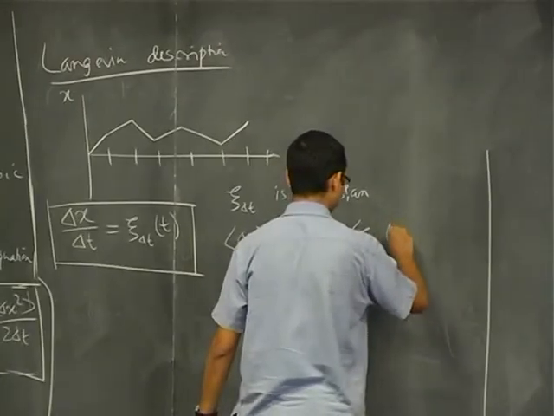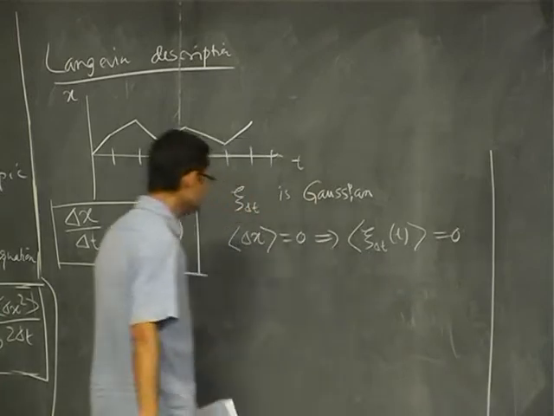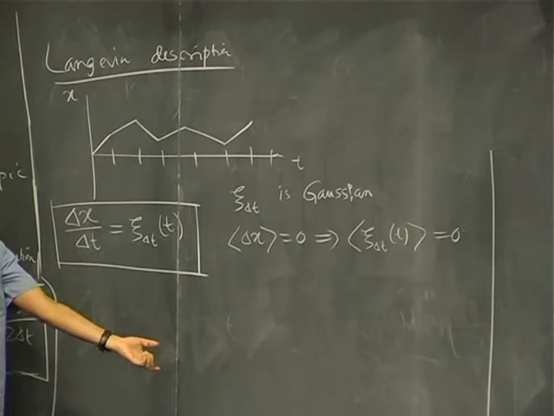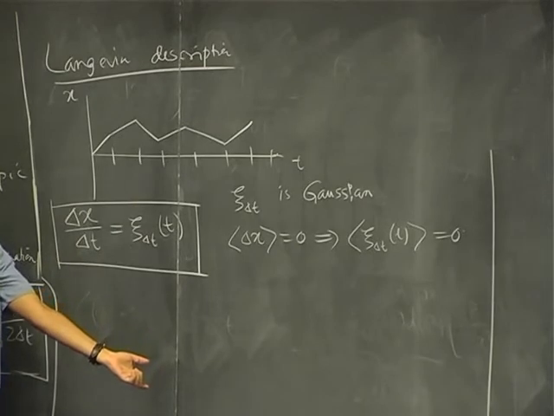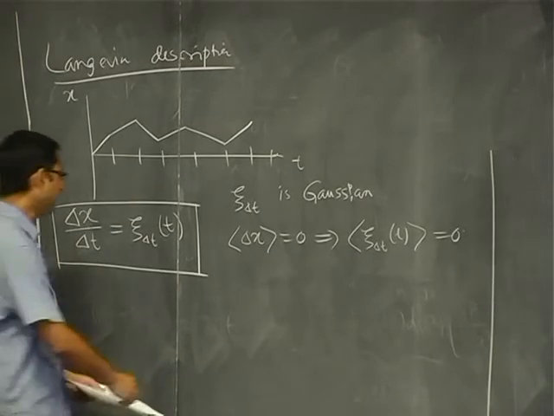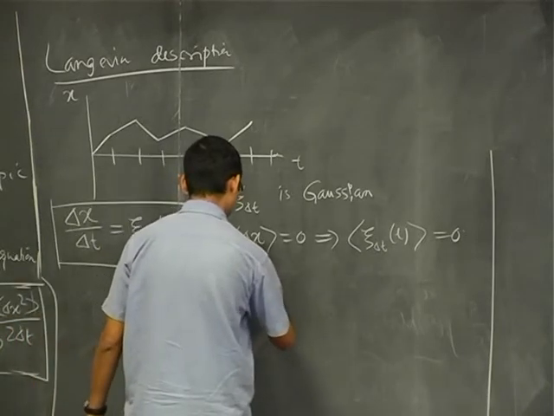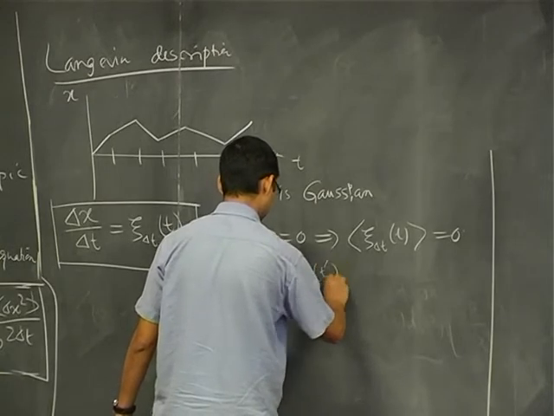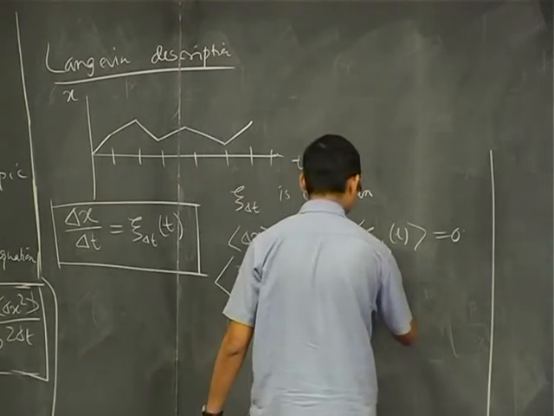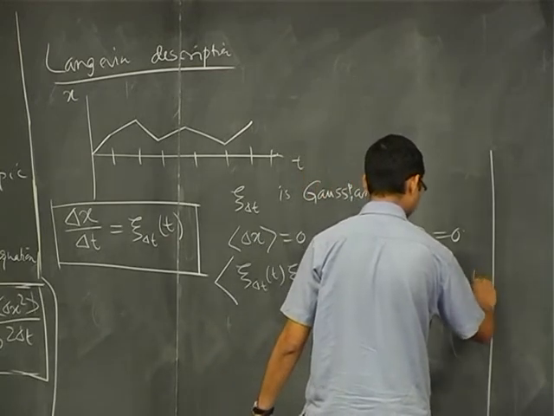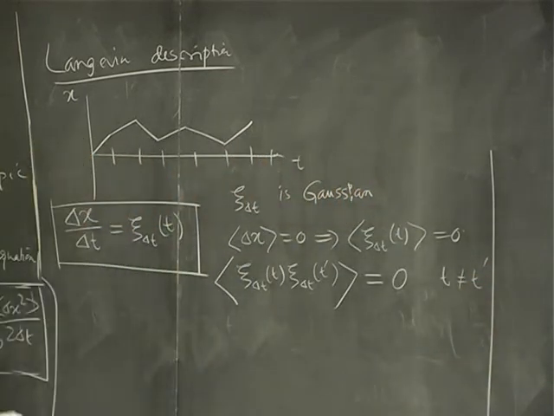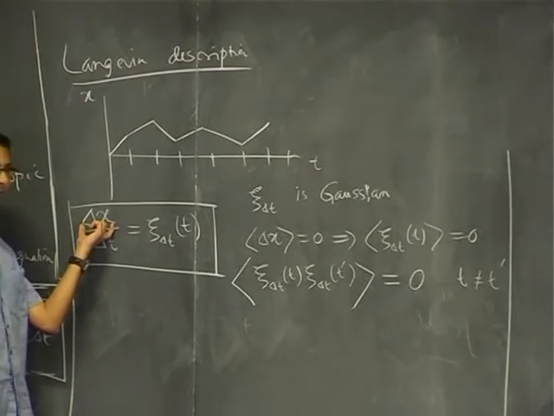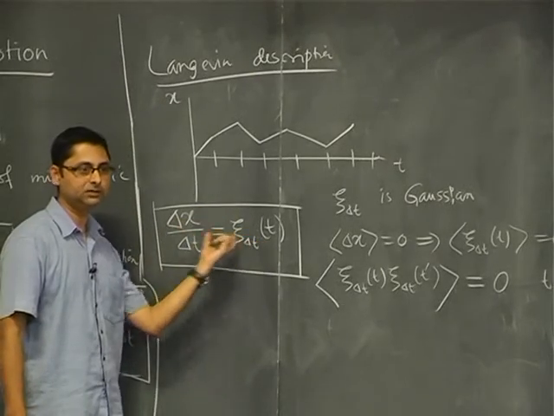Delta x at one time and delta x at another time are independent, so this correlation is also equal to 0 if t is not equal to t prime, because I am just multiplying the left hand side at two different times.